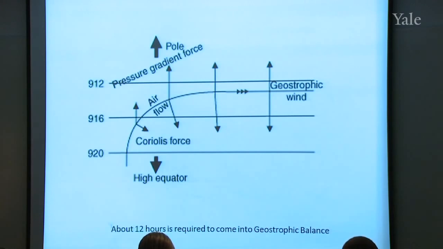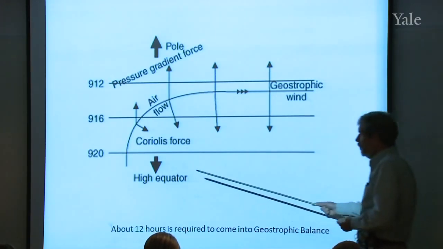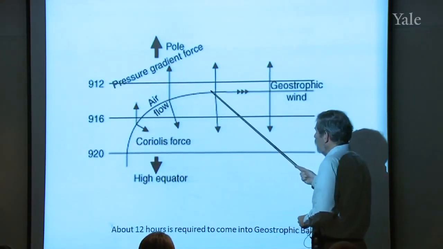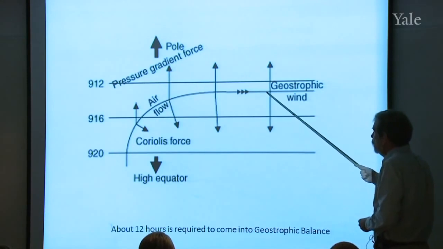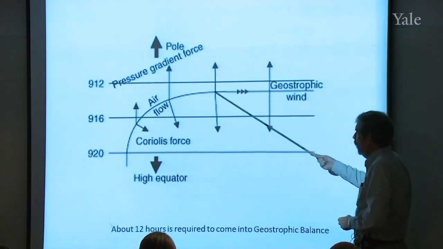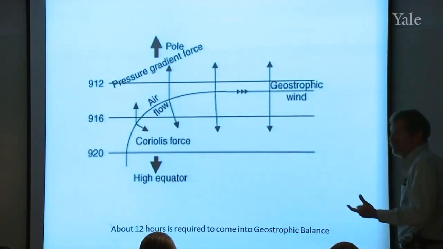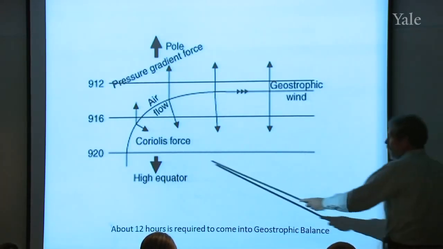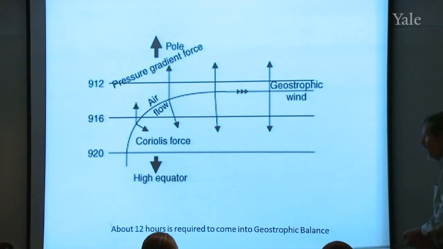So it's always being pushed to the north by the pressure gradient force, but as it moves and accelerates, it turns and accelerates and eventually ends up moving east with a speed that will give it an equal and opposite Coriolis force and pressure gradient. So that process of geostrophic adjustment usually takes about 12 hours in the atmosphere.